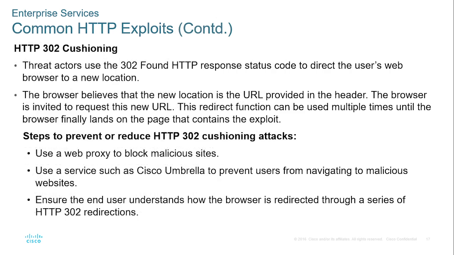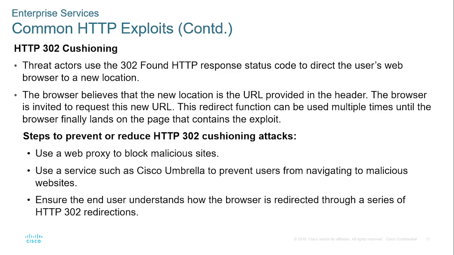And then we mentioned the HTTP 300 class, which is redirect, which most threat actors use. They use the 302 Found HTTP response status code to redirect the user's web browser. This is something that you should be able to investigate when you see it.